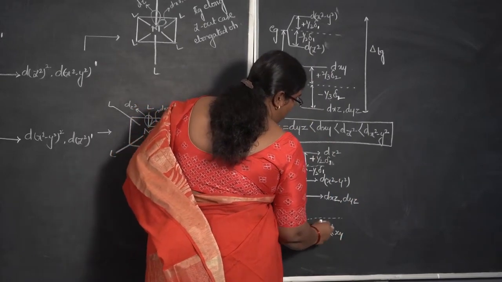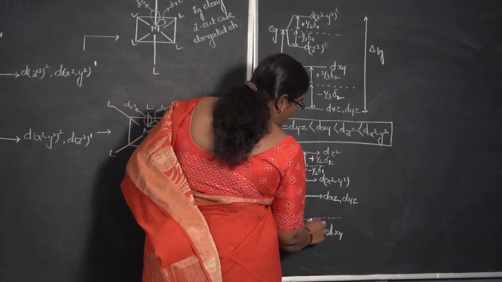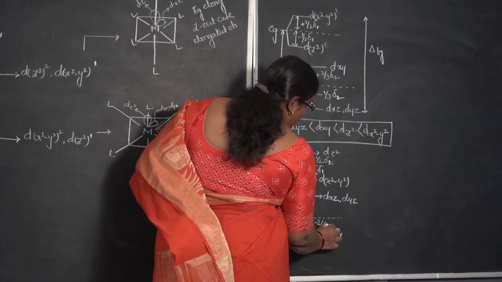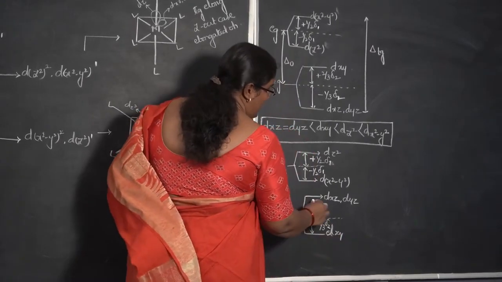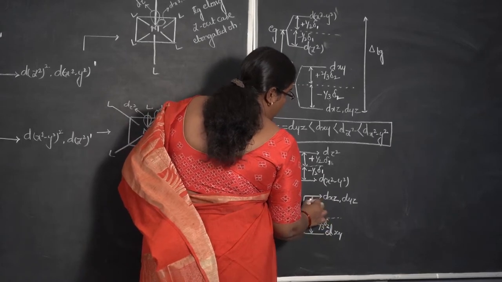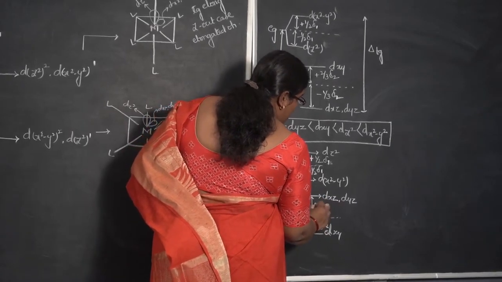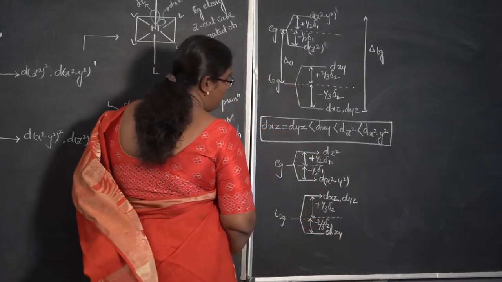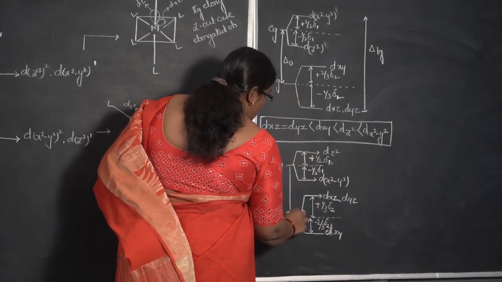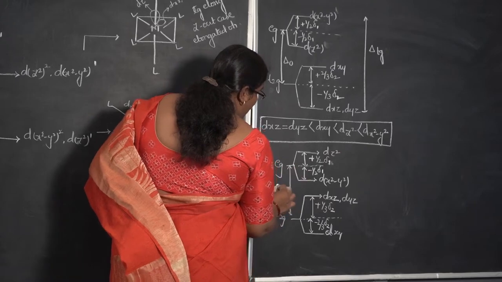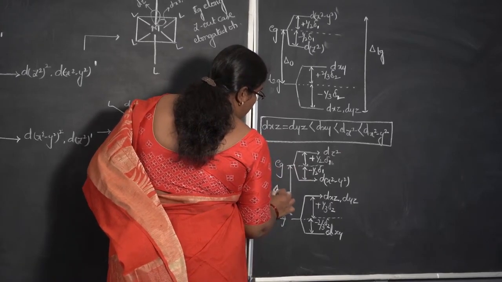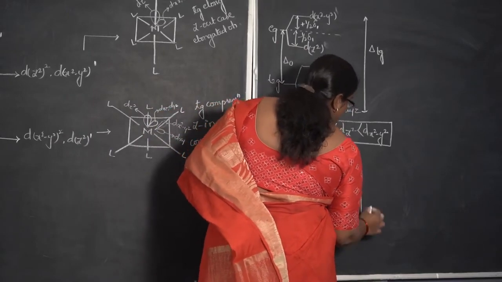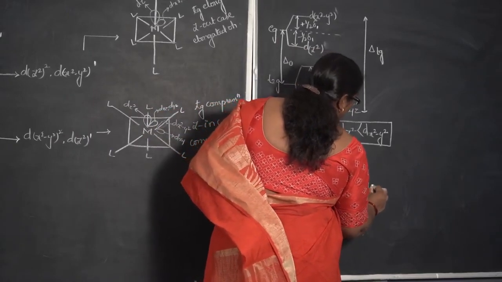The dxy orbital is losing the energy by 2 by 3 delta 2, whereas dxz, dyz, they are gaining the energy by 1 by 3 delta 2. So this is delta octahedral, energy difference in octahedral field, and this is delta tetragonal.